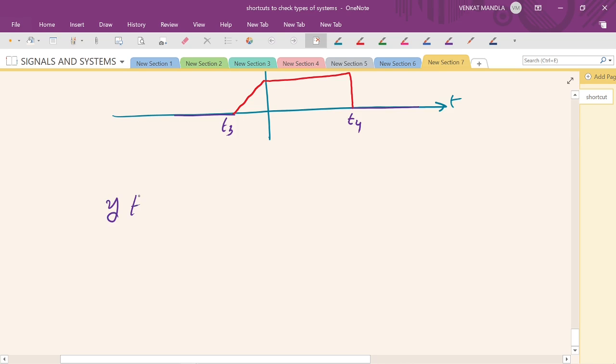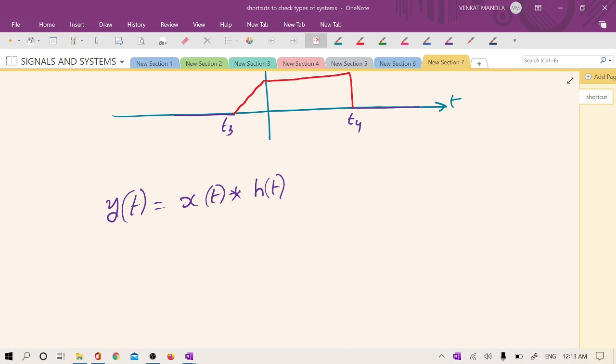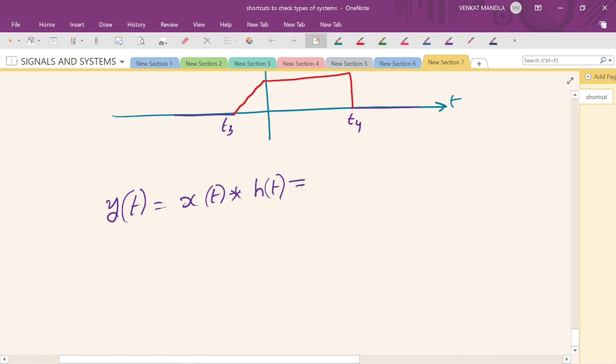What is convolution? x of t convolution with h of t, that is the integral from tau equal to minus infinity to plus infinity of x of tau h of t minus tau d tau. This I have to do.